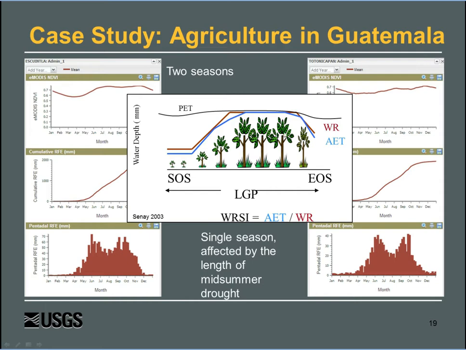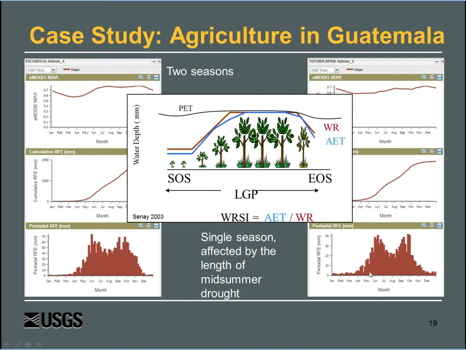So they have a complete harvest, while for the highlands, they plant in May and they go all the way to November, December. So the midsummer drought is right in the middle of the length of growing period. So what we found is that if there are any problems during the midsummer drought, then this area is in trouble with the harvest.